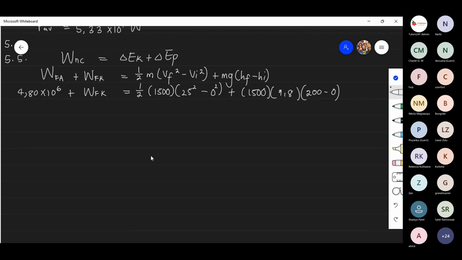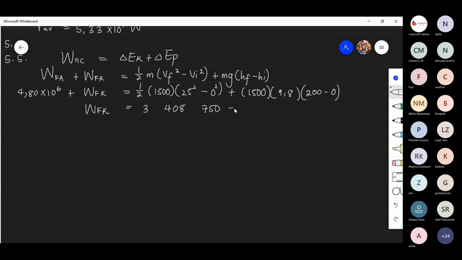Okay, so from this point, we've now put this value into our calculator, and we now have 3,408,750, okay? And we've got work done by kinetic friction. Now, my work done by my applied force, I'm going to take that to the right side.